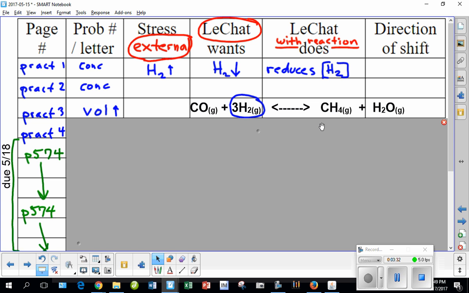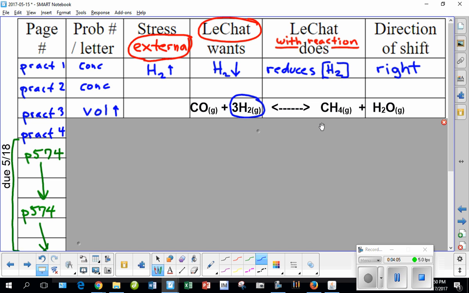These two guys would come together and hydrogen would go away, wouldn't it? So it's what shift, to reduce the hydrogen? It's a right shift. As you can see, it's very little writing, and I made it that way intentionally, so you could understand how to get to what they're asking you to find.